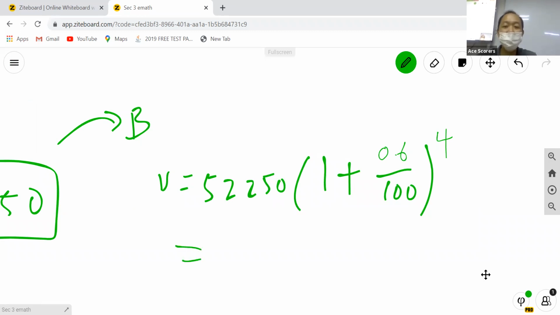So V equals, use calculator again. V stands for value.